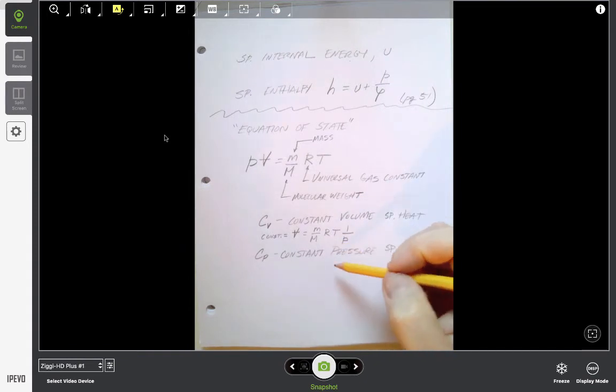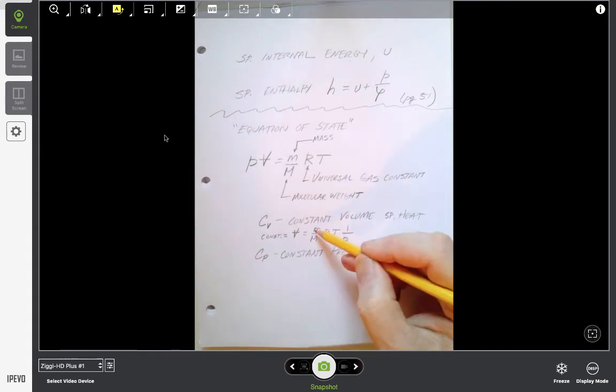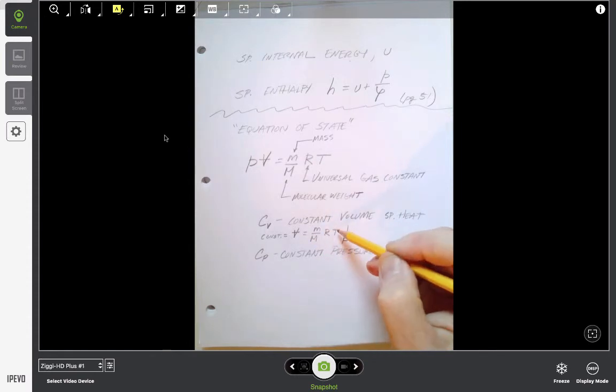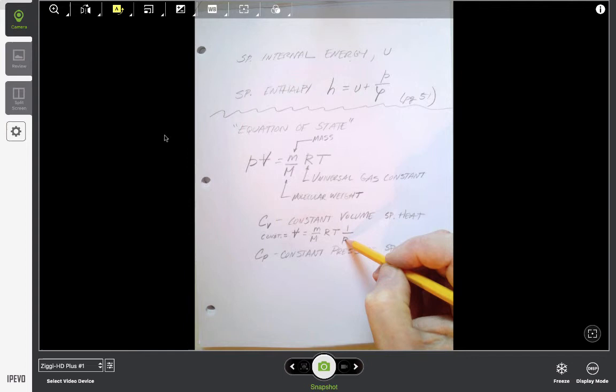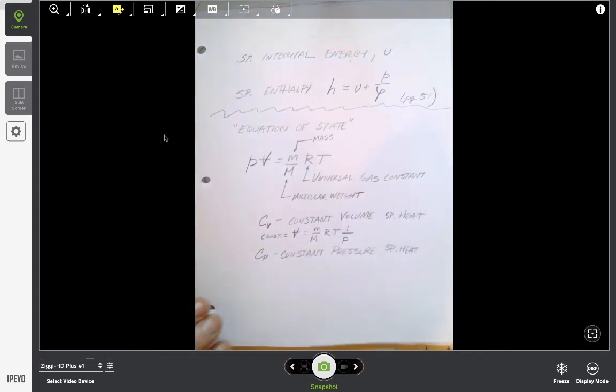So if we apply heat, what will change is the temperature. The number of moles involved doesn't change, and the ideal gas constant doesn't change. So if we add heat, we expect the temperature to increase. To maintain the constant volume, the pressure has to increase at the same rate, so that T over P, the ratio, doesn't change, and that will maintain a constant volume.